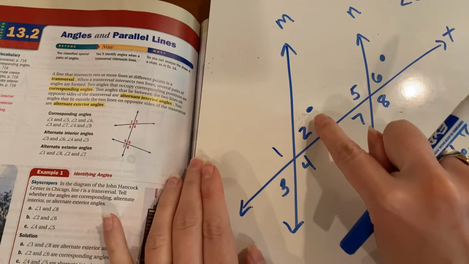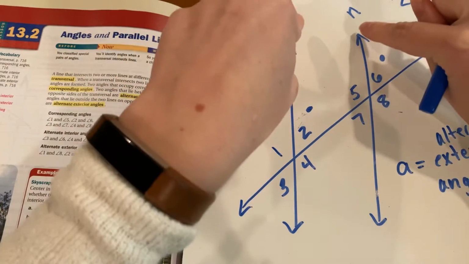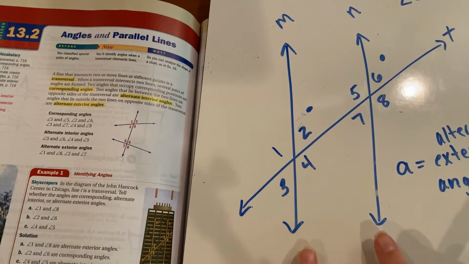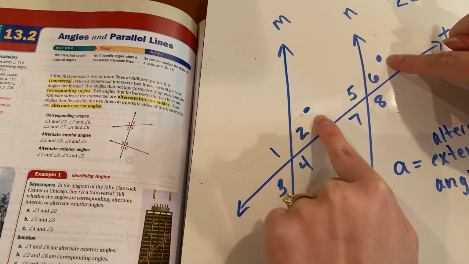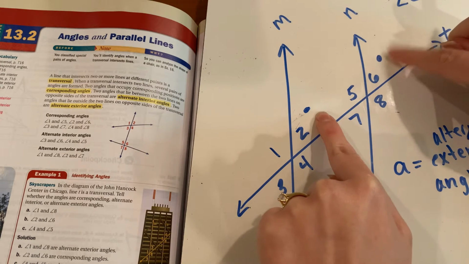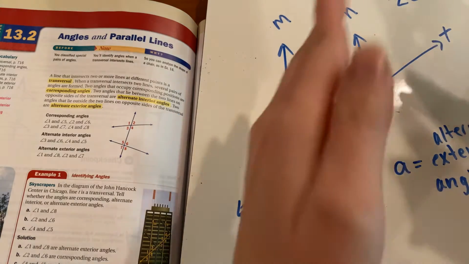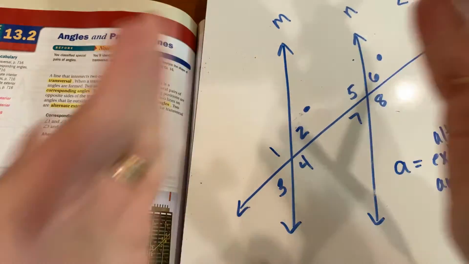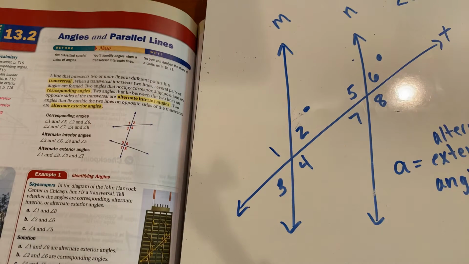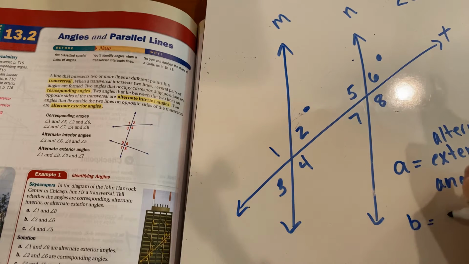They're both on the right-hand side top corner of our original lines, M and N. Because they're in the identical position, we know they're corresponding angles. Identical position means corresponding. If I were to take this one line, cut it in half, and put it right on top of each other, they would match up perfectly. If they match up perfectly, corresponding angles. So B, we have corresponding angles.